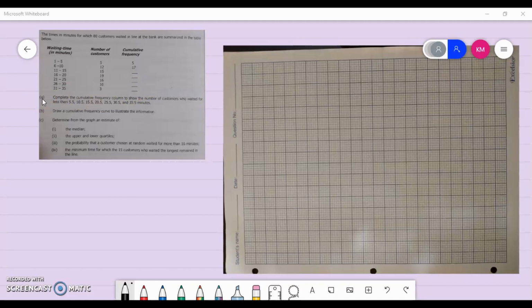The question asks, Part A, complete the cumulative frequency column to show the number of customers who waited for less than 5.5, 10.5, 15.5, etc. So, to calculate my cumulative frequency, remember I always start off with that first value there in your frequency column.